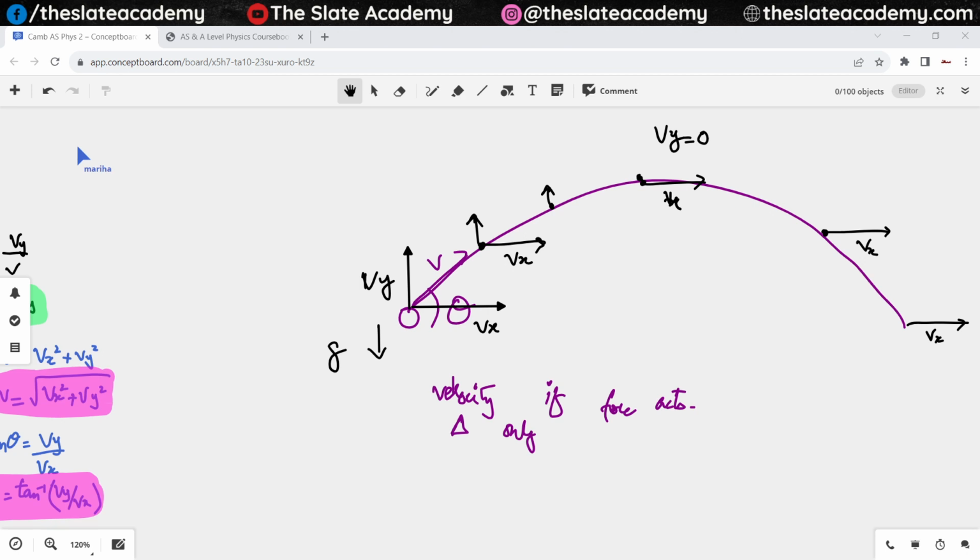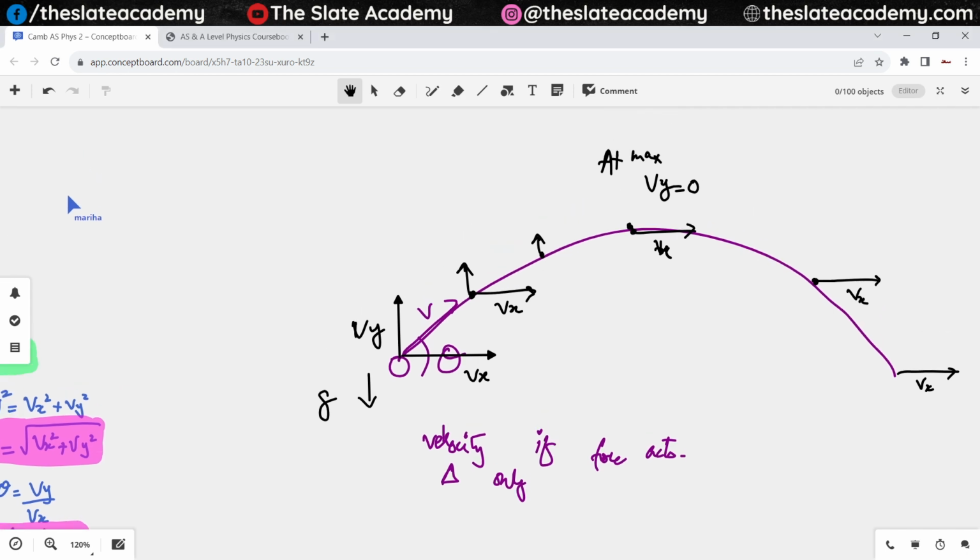So at maximum height in projectile motion, Vy is 0. Then as the ball comes down, the velocity keeps increasing until it finally hits the ground.